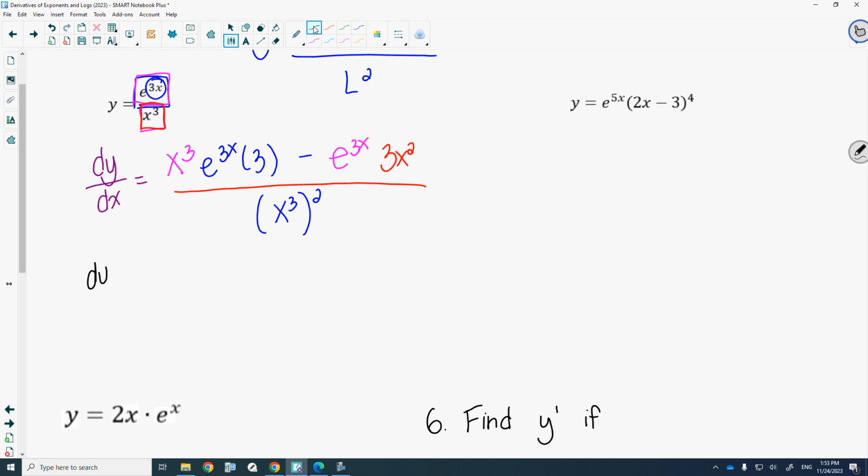dy dx is equal to, I will have 3x cubed e to the 3x minus 3x squared e to the 3x, over, power to a power, you multiply, and you're going to get x to the 6.